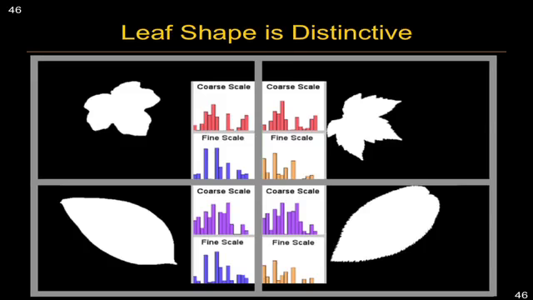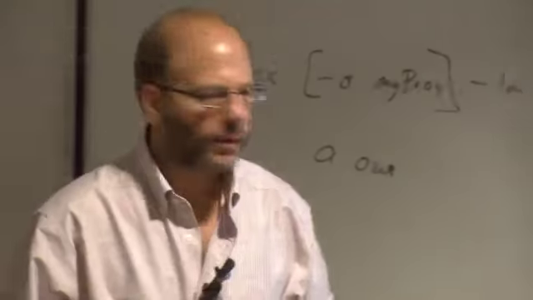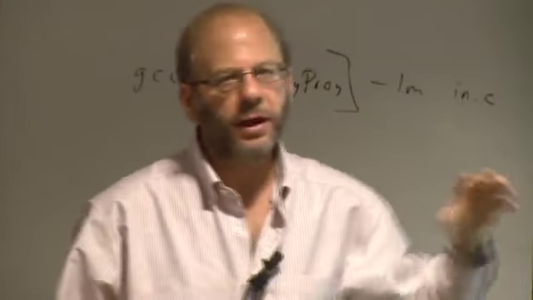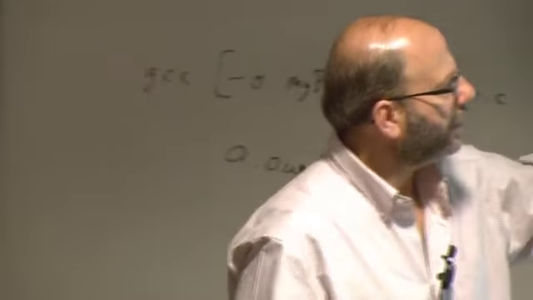Whereas with this leaf, there's a lot of variation in curvature. At a coarse scale, the top 2 leaves are going to look like they have pretty much the same curvature, but at a fine scale, they'll have very different curvature, because at a fine scale, this is smooth and not curving so much, and the leaf on your right has much more curvature.